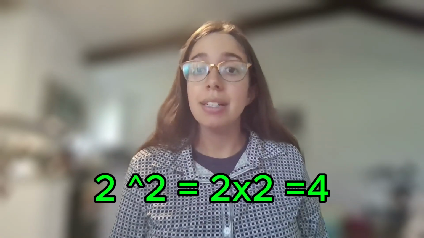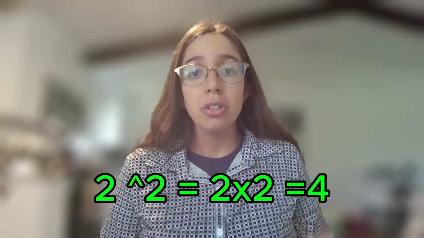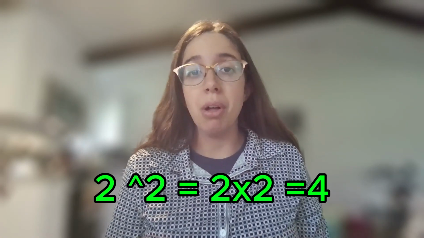What is the power actually telling us? Well, the power is telling us how many times we are repeating the base. And we're repeating it using multiplication. So in this case, we would have 2 times 2. 2 is repeated twice. When we multiply, we would get 4. So that would be our answer for that exponent.